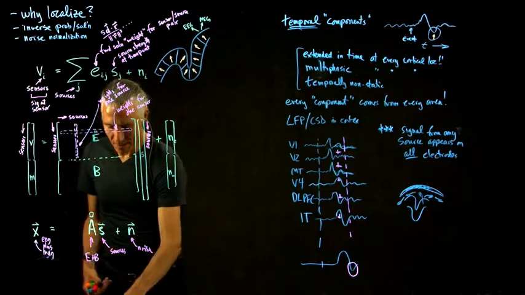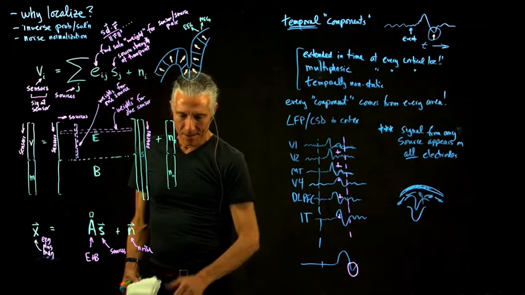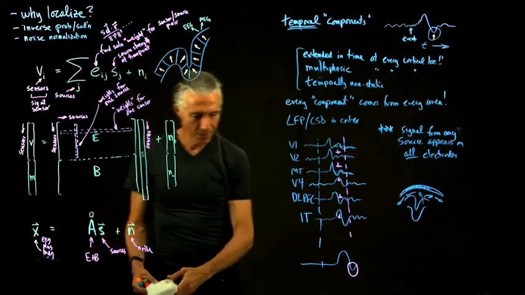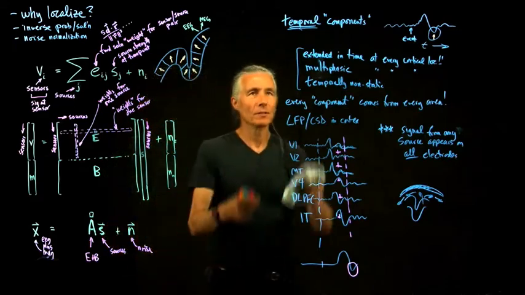So what is the inverse in this very simple linear case? How do we solve for the inverse?